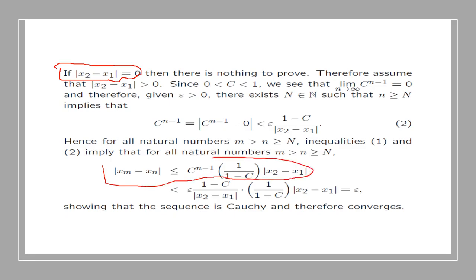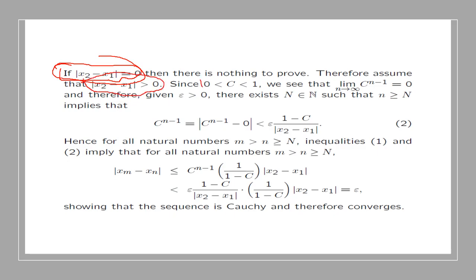If you look at this inequality 1, if the distance between x2 and x1 is 0, then the whole of this will be 0, and therefore the distance between xm and xn will be 0, and this will be less than every epsilon bigger than 0. So there's nothing to prove there. So let's assume that the distance between x1 and x2 is bigger than 0.